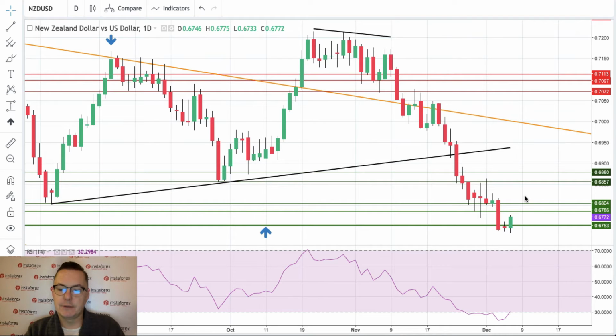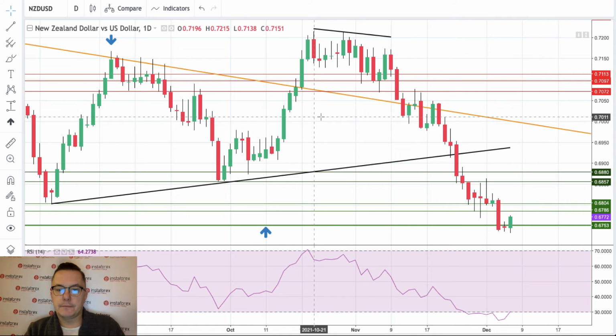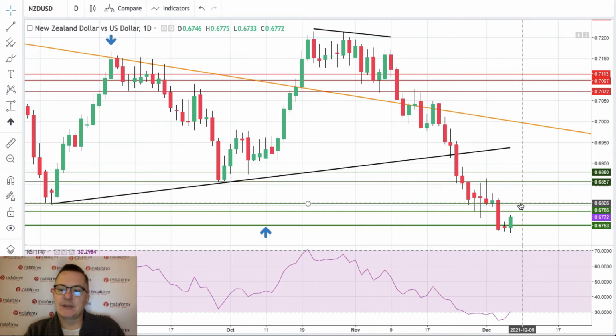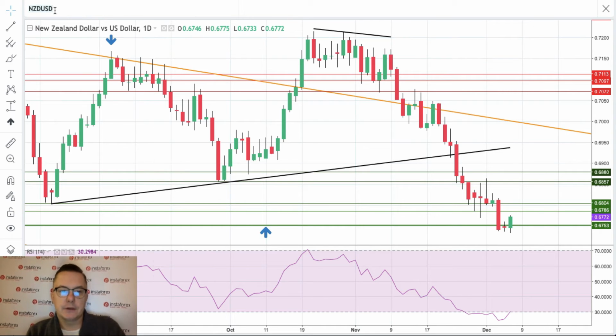So that might be just a corrective bounce here. So please pay attention, especially to the cycle that is being built here towards 6,880. If we don't even get there, then of course the downtrend will continue for quite some time.